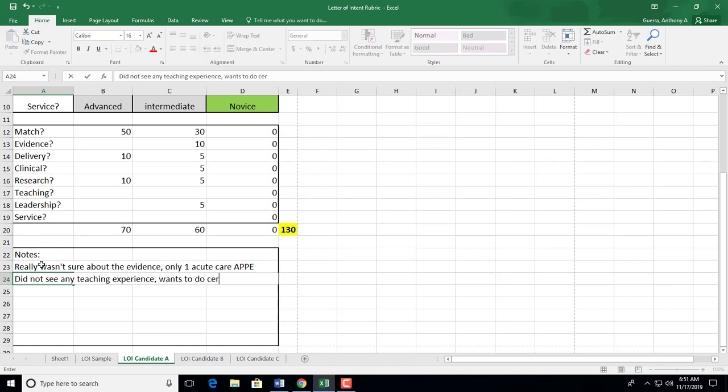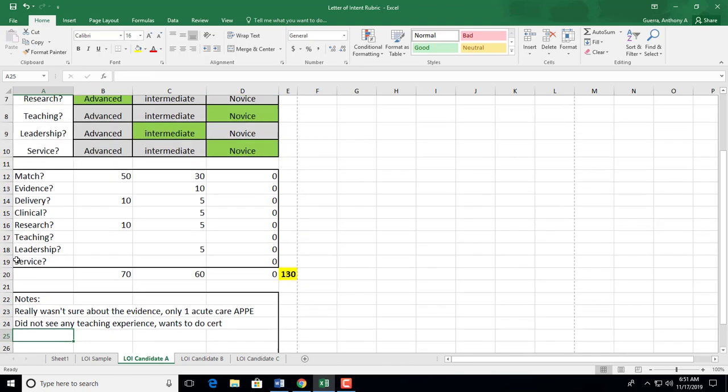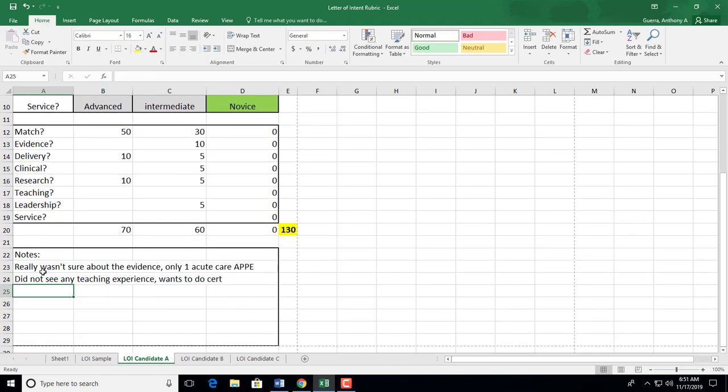So that maybe we have a teaching certificate here. And then leadership, so treasurer, and we could say maybe they were the secretary of another organization, so not vice president or national.